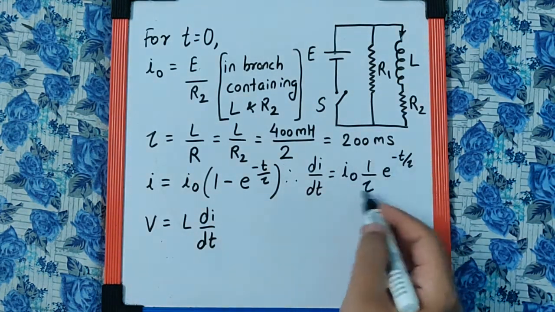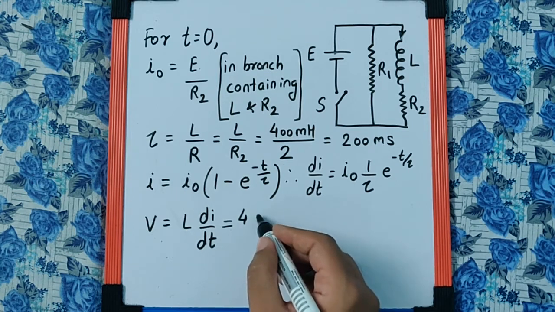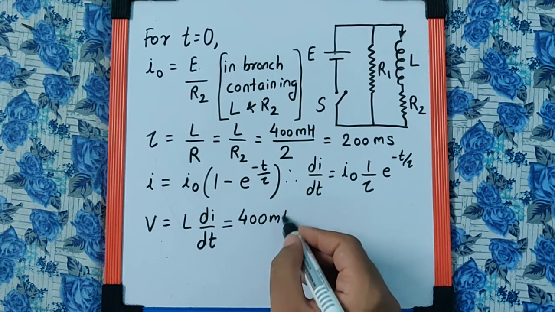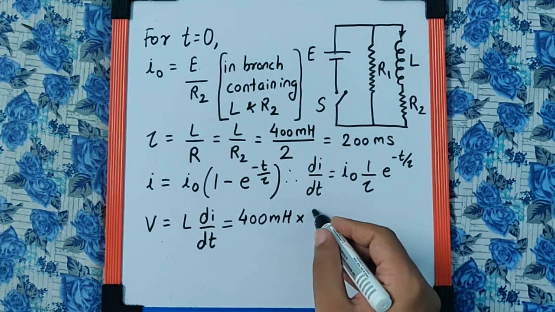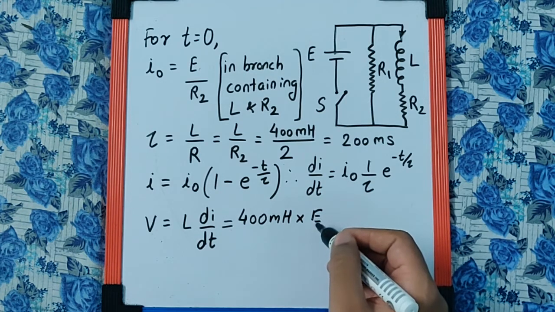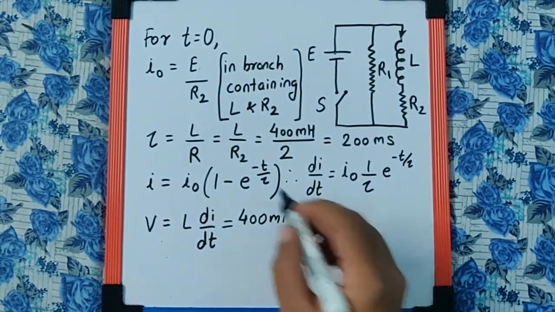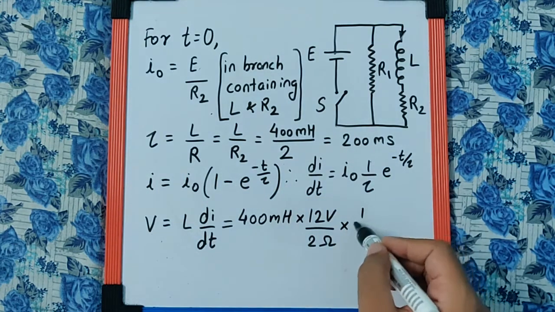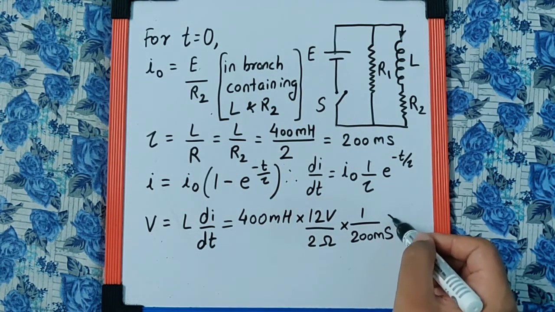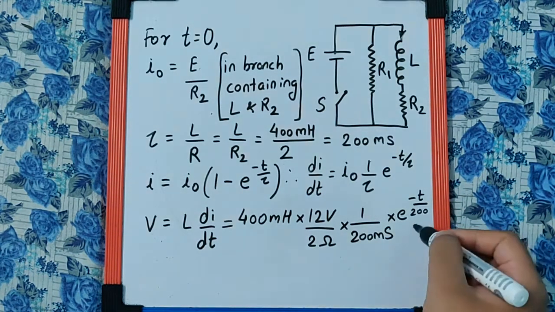So if we substitute this equation over here, L is given as 400 millihenry into I naught, which is E by R2, where E is given as 12 volt upon R2 which is 2 ohm, into 1 by tau which is 1 by 200 millisecond, into e raised to minus t by 200 millisecond.